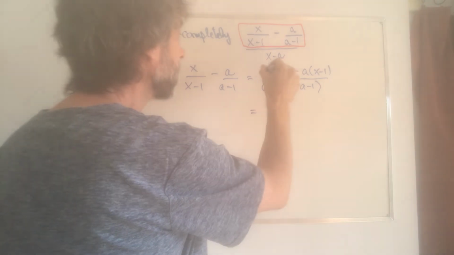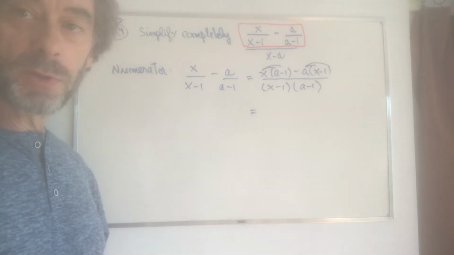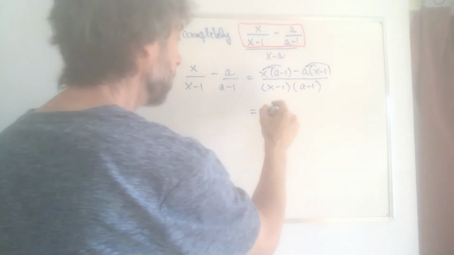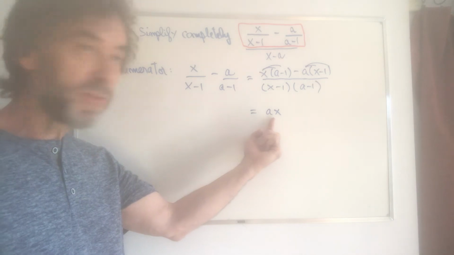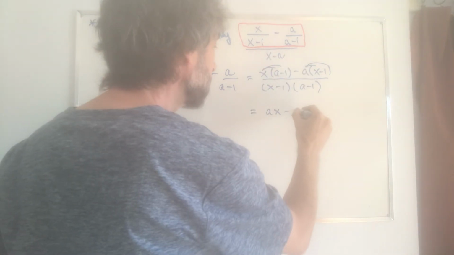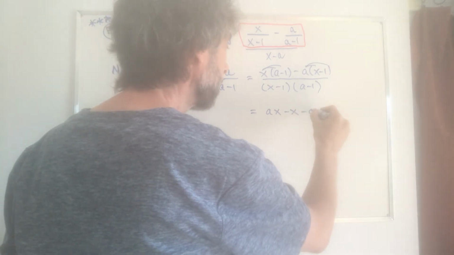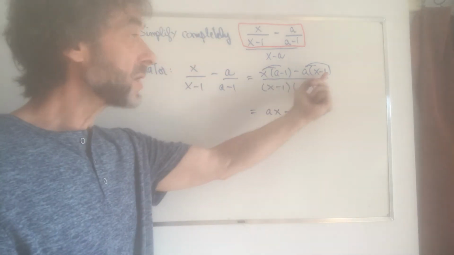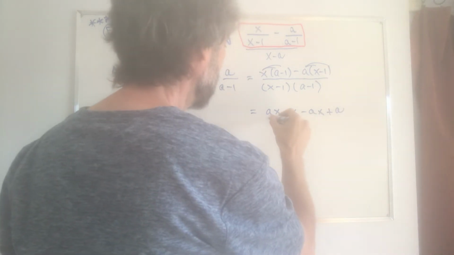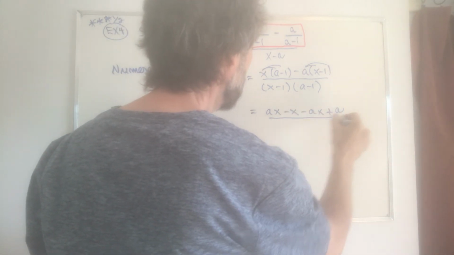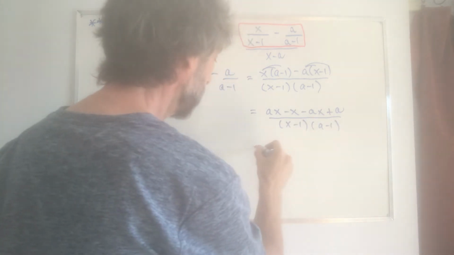All right, here's a little FOIL in the hope of being able to collect some like terms. So ax, of course it's x times a, but we prefer to put them in alphabetical order, minus x. This is going to be ax with a minus, and this is going to be minus a times minus 1, so plus a, all over x minus 1, a minus 1.